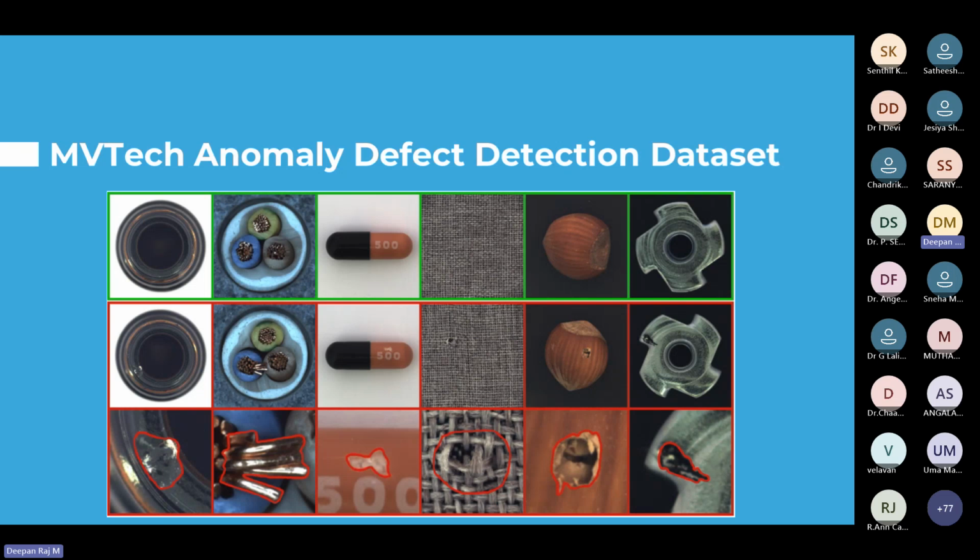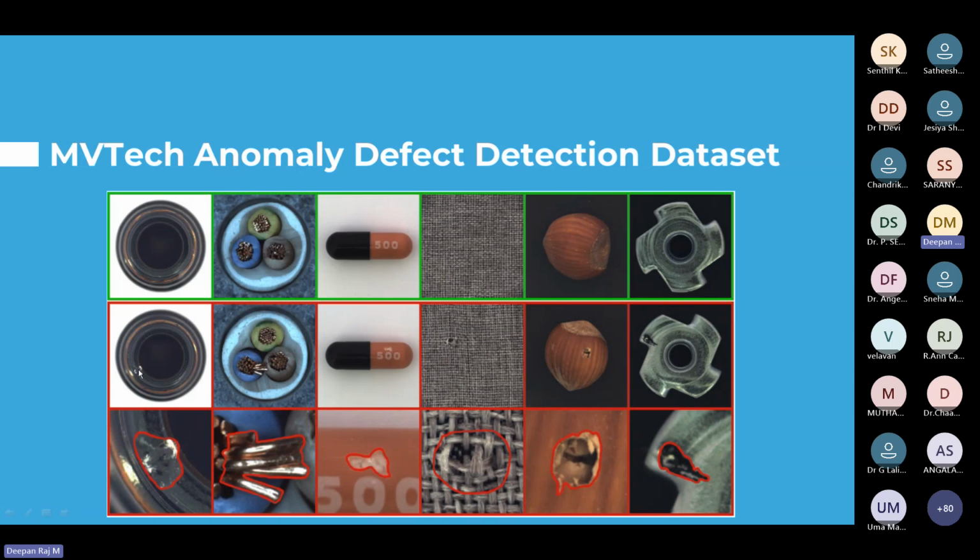The data set comprises nominal samples like this. In the first row you can see many different products that have been manufactured, like bearing wheels, some cables, coaxial cables, medicine tablets, cloth material and so on. These are the products which have been manufactured, and these are some defects.